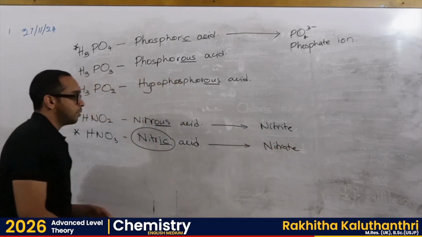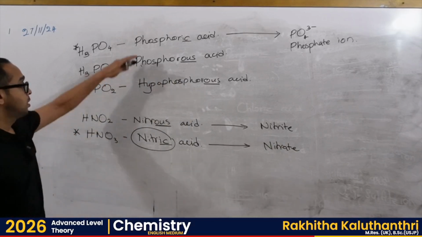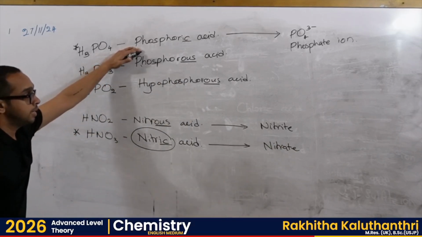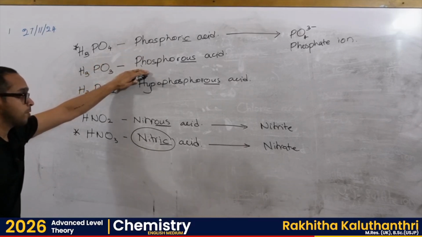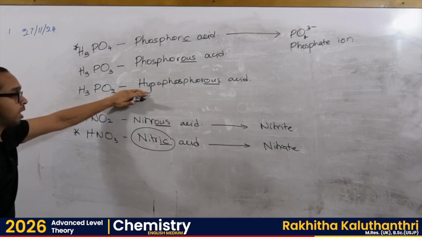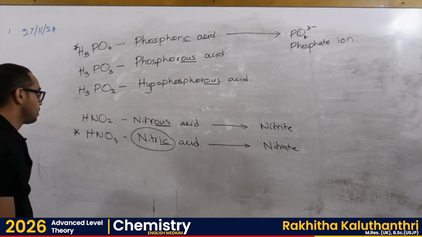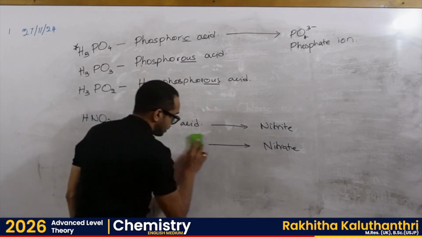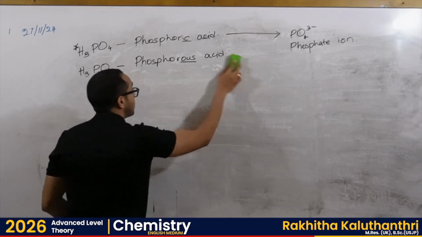So these are the names of the anions that you can form. Phosphoric forms phosphate ions, phosphorous forms phosphite ions, and hypophosphorous forms hypophosphite ions. Okay, so these are the main parts that I wanted you to be familiar with.